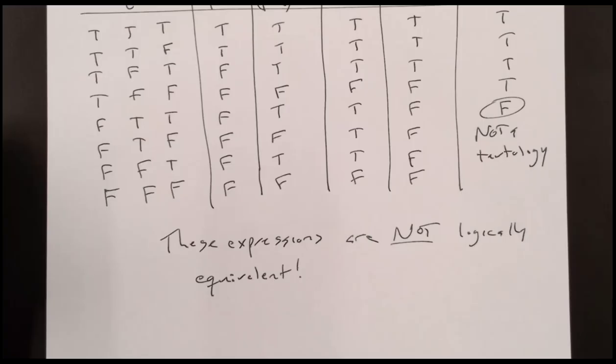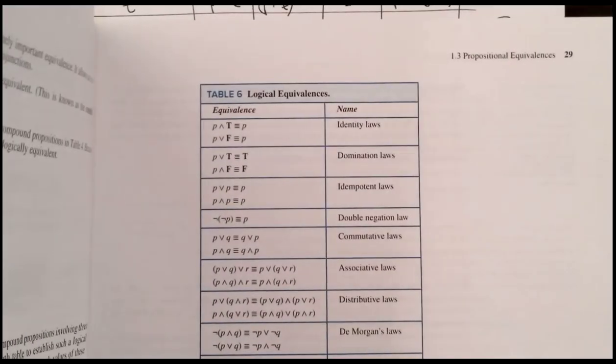I have better things to do with my time, and you do too. So I would instead say, what are equivalences that are known, so that I can look at a complicated expression and start to condense it to make my life easier. If rearranging the parentheses here had worked, then I'd talk about associative rules, because that's the way it works in arithmetic, right? On page 29, I got a big list.